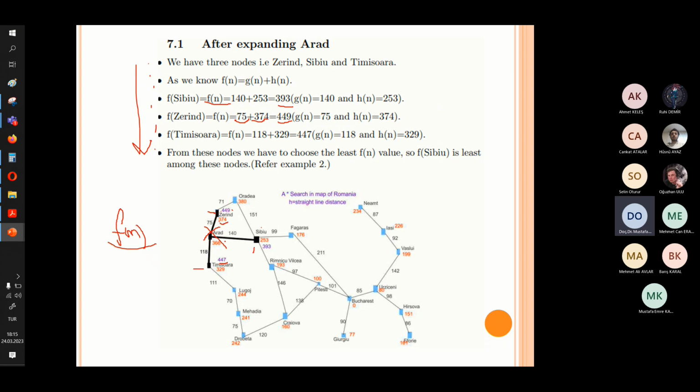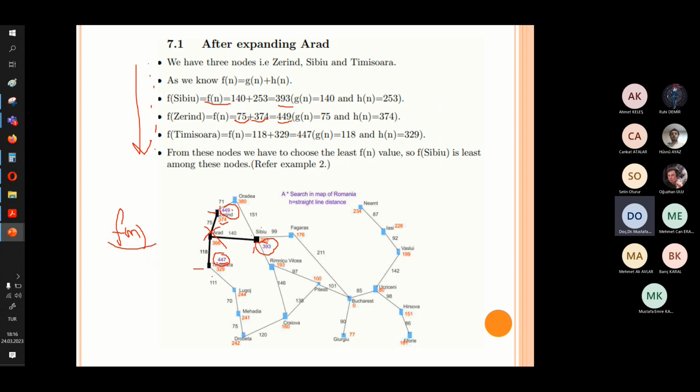I'm emphasizing this because there are some mistakes in the following slides. Therefore, please don't forget that once we are done with a node, we are not going back. Therefore, we calculate the 3 possible places, Zerind, Sibiu, and Timișoara, and calculate the costs, which are 449, 393, and 447.